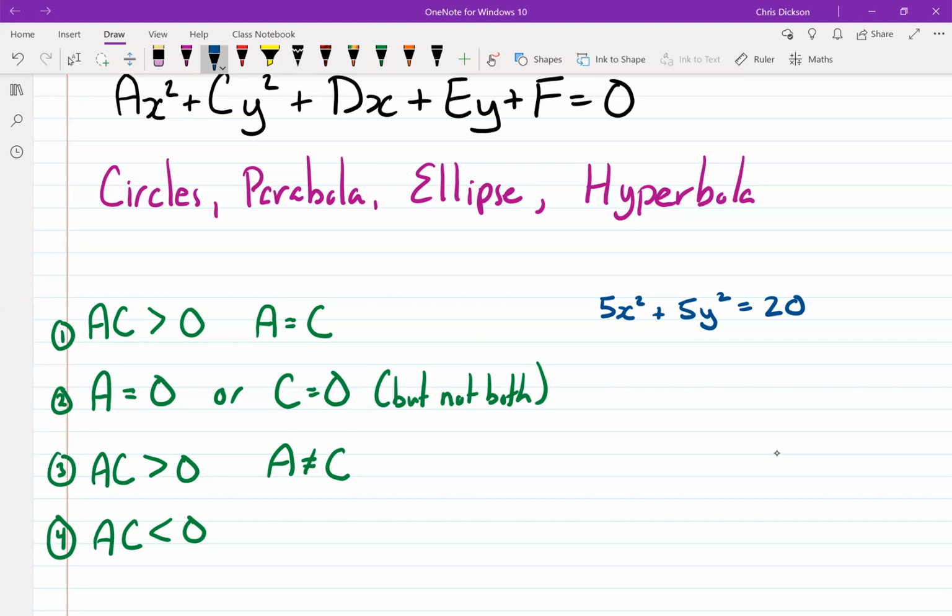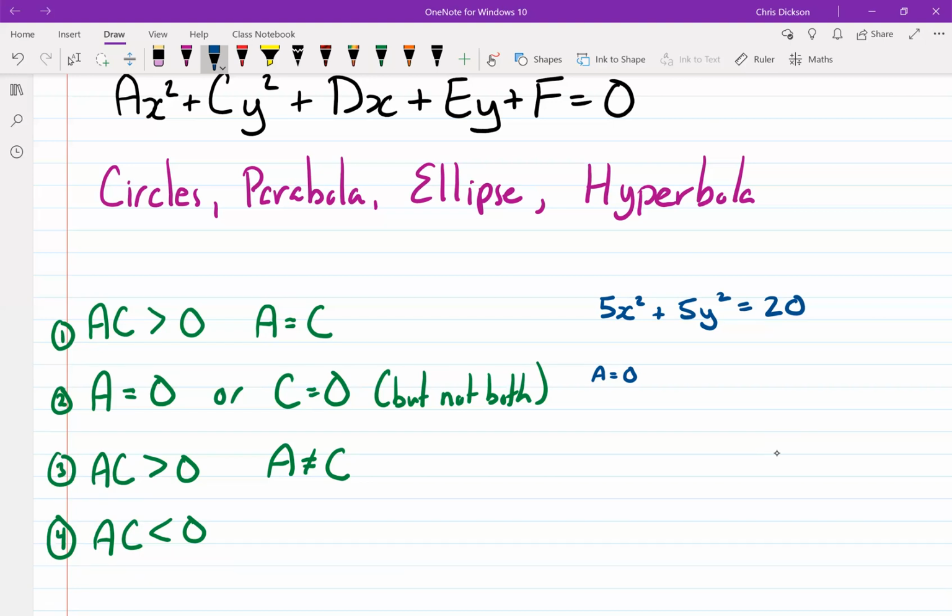And then maybe for the next one, let's say A equals 0 or C equals 0. If A equals 0, then C can't, because it's one or the other, but not both.